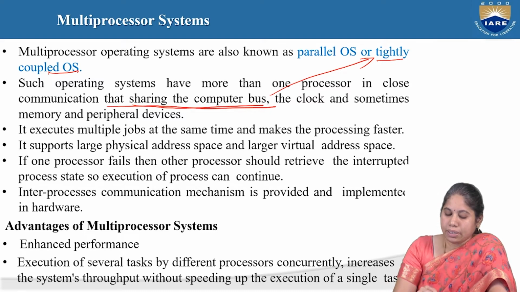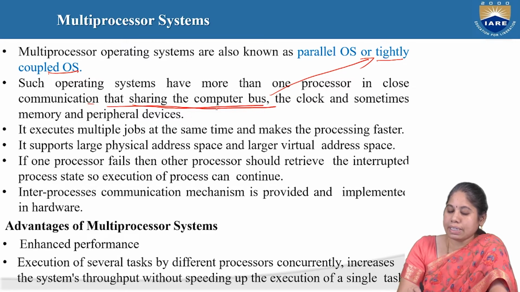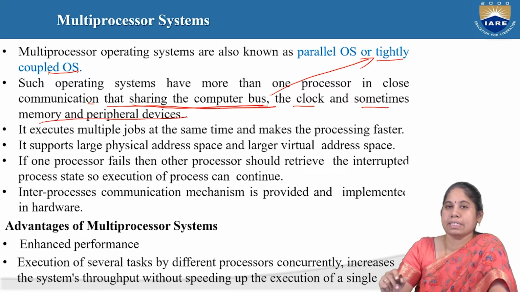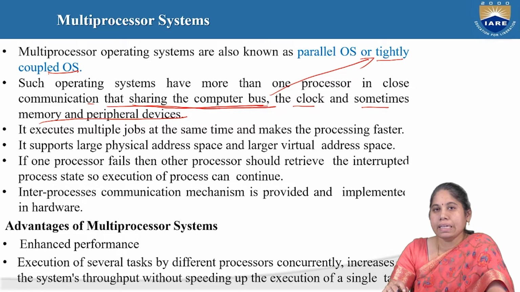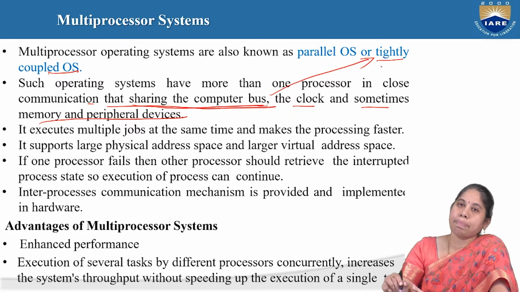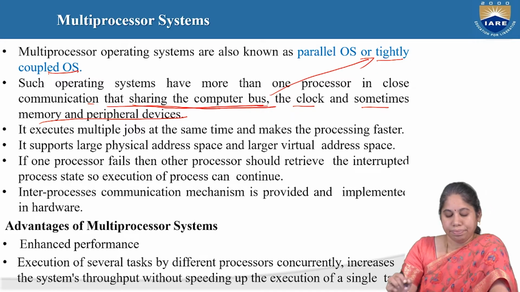But here more than one processor is in close communication, sharing the computer bus, the clock, and sometimes memory and peripheral devices. So the sharing happens. That's the reason we call it a multiprocessor operating system, or another word, tightly coupled operating system, and another word, parallel operating system.